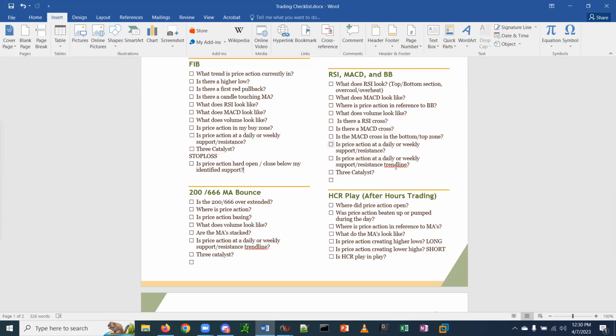You want to be comfortable with the trade so you don't sweat bullets while in it. I've been there, where as soon as you get in the trade, you're asking yourself, damn, why did I get in this trade? You don't want to be asking that.